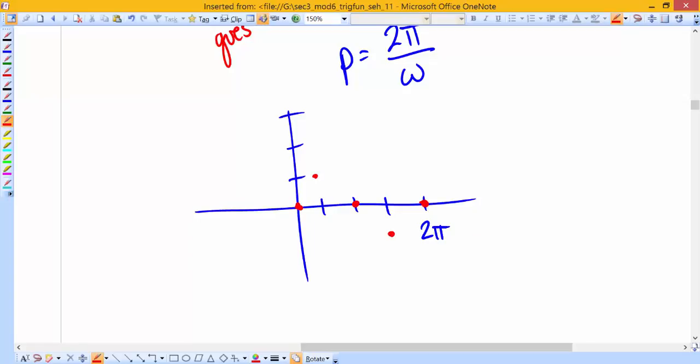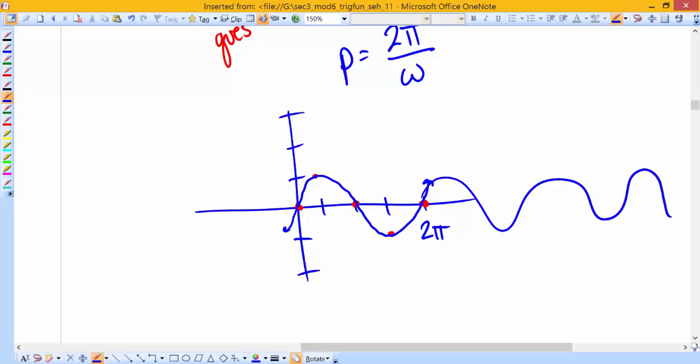So this is the basic look of a sine graph. One cycle though, only one cycle. And it would keep going and going and going.